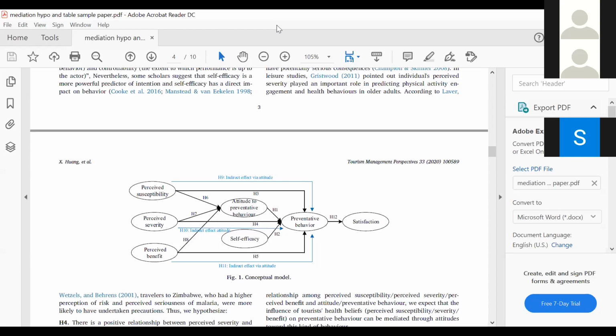The variables that you see on the left side, perceived susceptibility, perceived severity, perceived benefit, this is my contribution, not there in the original theory of planned behavior. These three variables, which I am studying in the theoretical model TPB, were not studied by anyone else in the past. That is my contribution, or my gap in research.